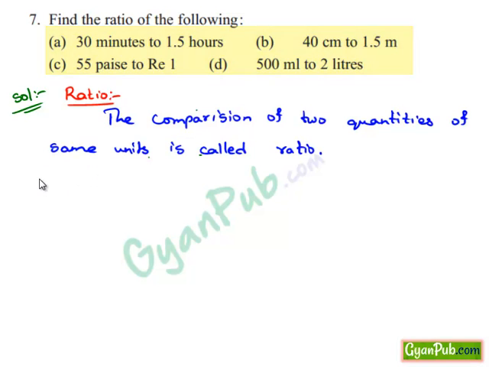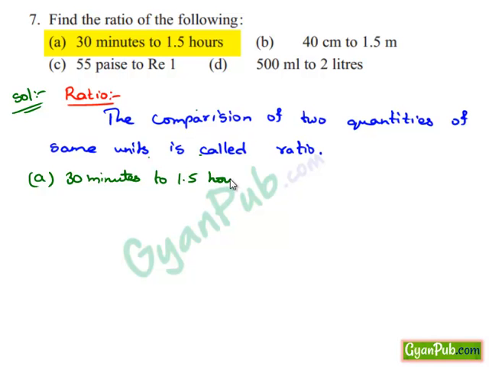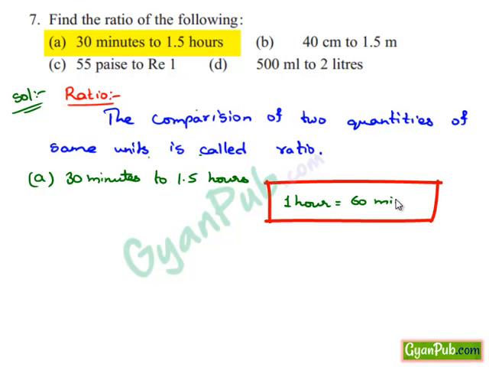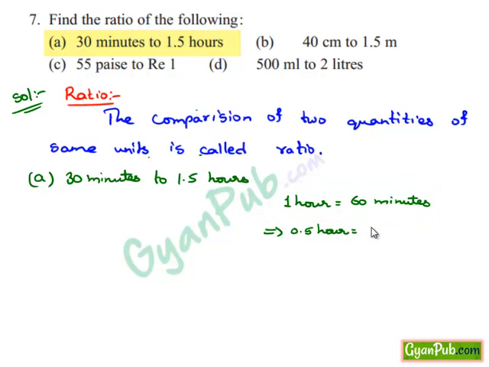First take down the A bit, that is ratio between 30 minutes to 1.5 hours. We know that 1 hour is equal to 60 minutes. This implies 0.5 hour is nothing but 30 minutes.